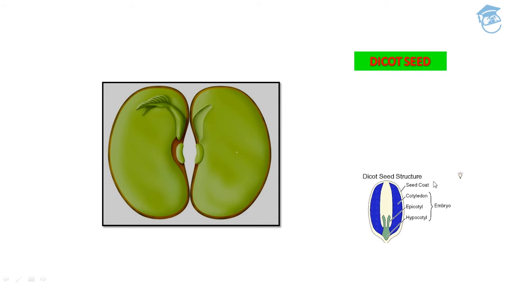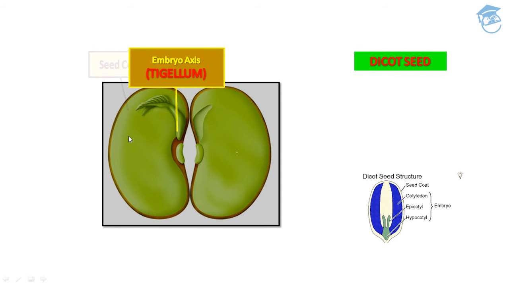This is the epicotyle, this is the hypocotyle, and this entire part, that is cotyledon plus epicotyle plus hypocotyle, gives rise to the embryo. So this is the seed coat, and this is the embryo axis, which is called tigellum. See, this is tigellum, from where the cotyledons arise.